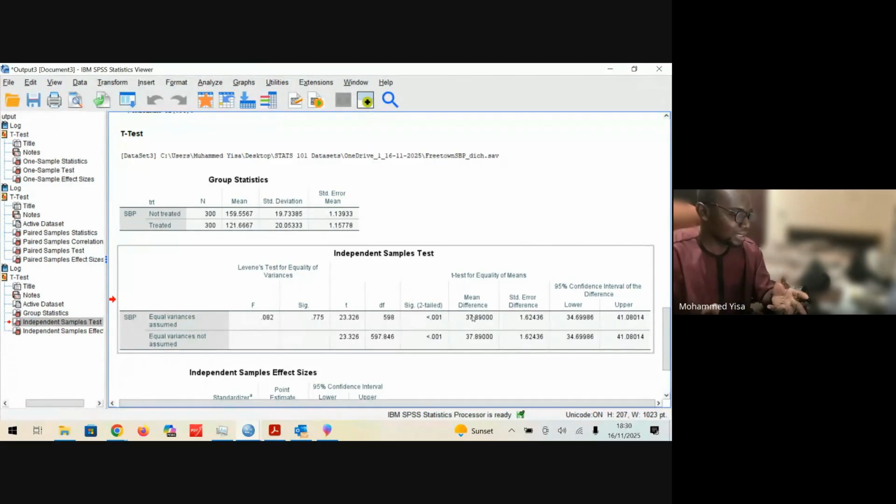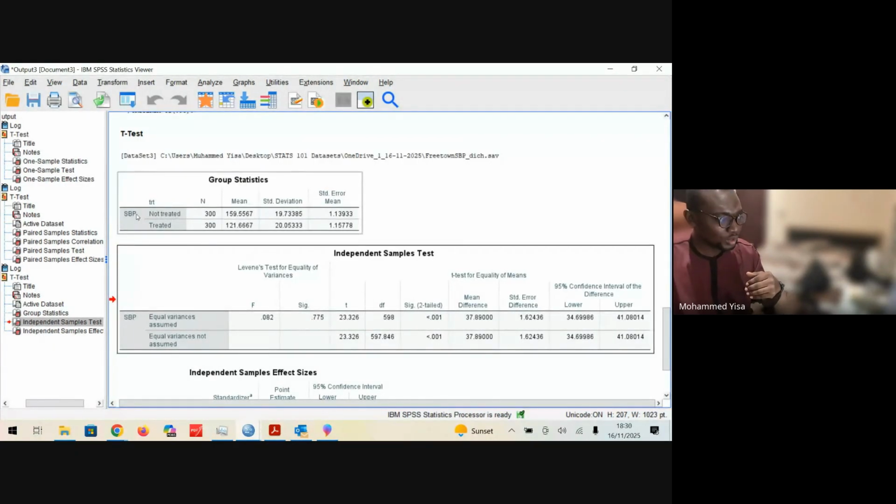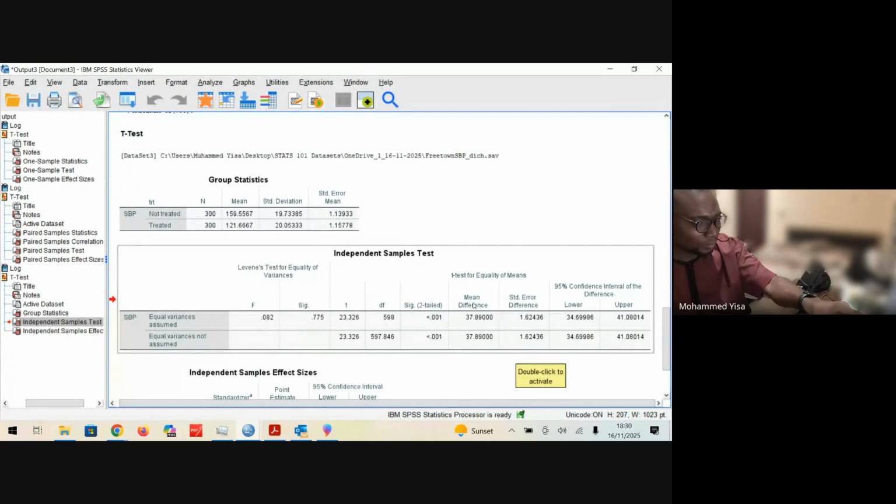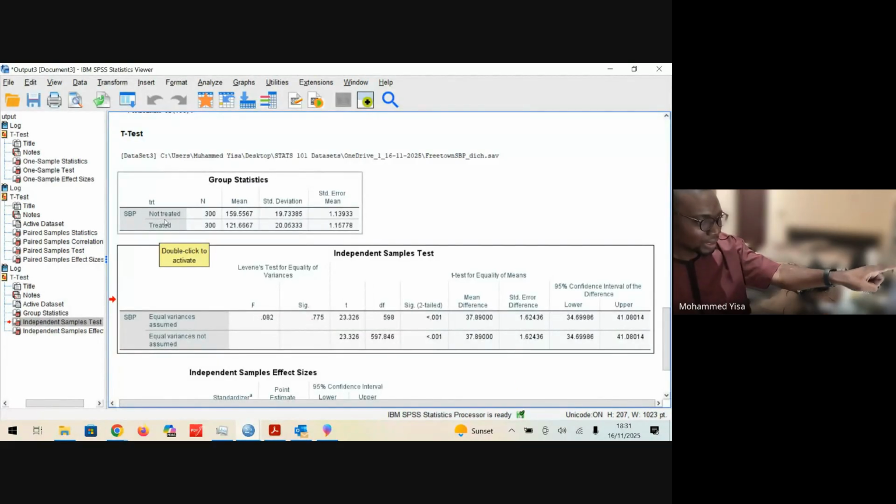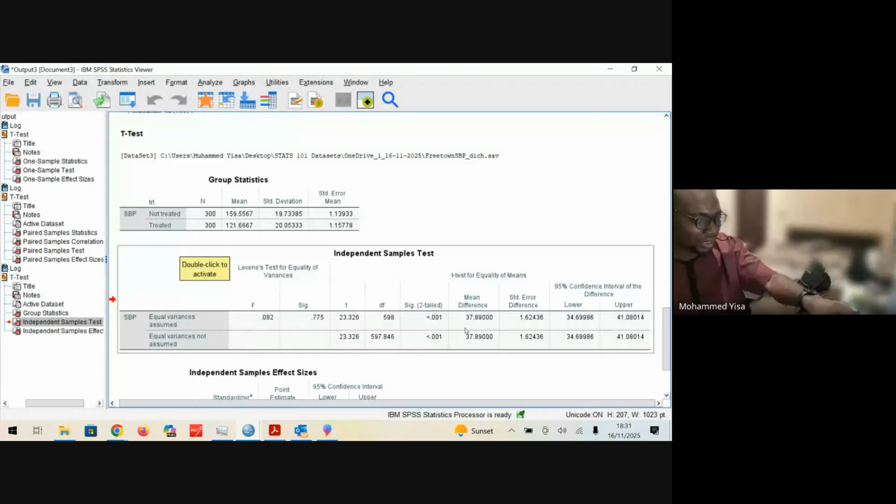You are treating someone with a very high blood pressure, and this is not treated minus treated. That's what the mean difference is telling you.